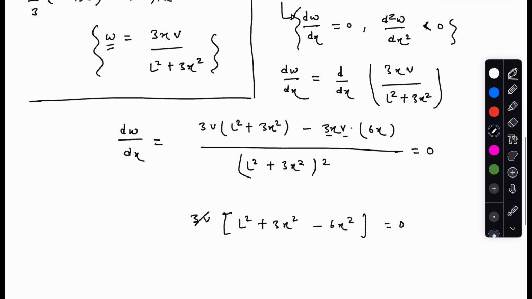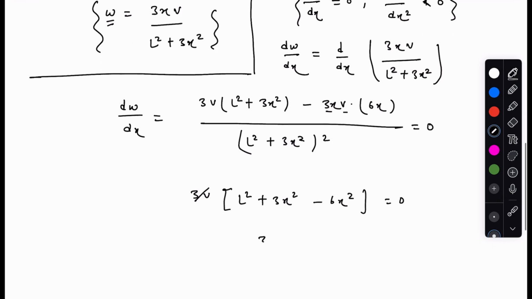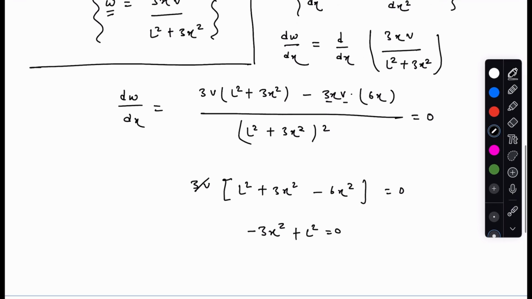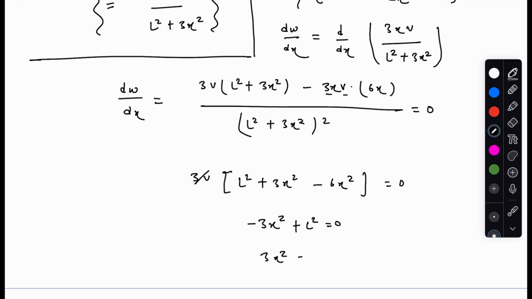The 3v is anyway gone from that side, so then we'll have 3x square minus 3x square plus L square equals 0. So basically 3x square equals L square, and x equals plus or minus L divided by root 3.